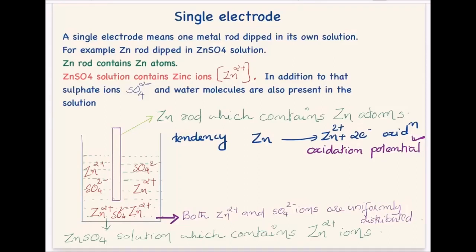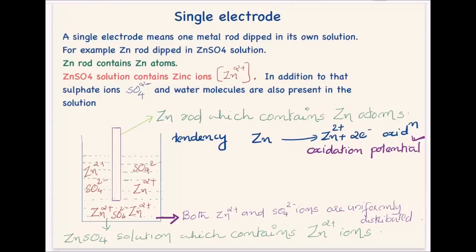Tendency of giving money is not an event, not a process. So even though I have a tendency to donate, I can't donate. Same thing here. Zinc has a tendency to release electrons, become zinc ions and go into the solution. That potential is there, but it cannot undergo this reaction.